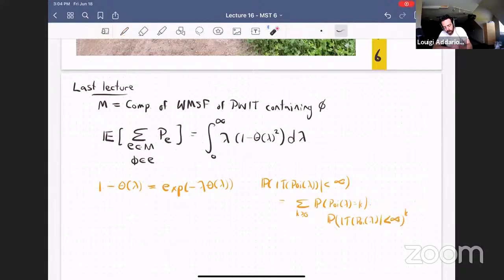Okay, and then, so if you remember, this is 1 minus theta lambda, and use the definition of the Poisson distribution, then you derive this identity.